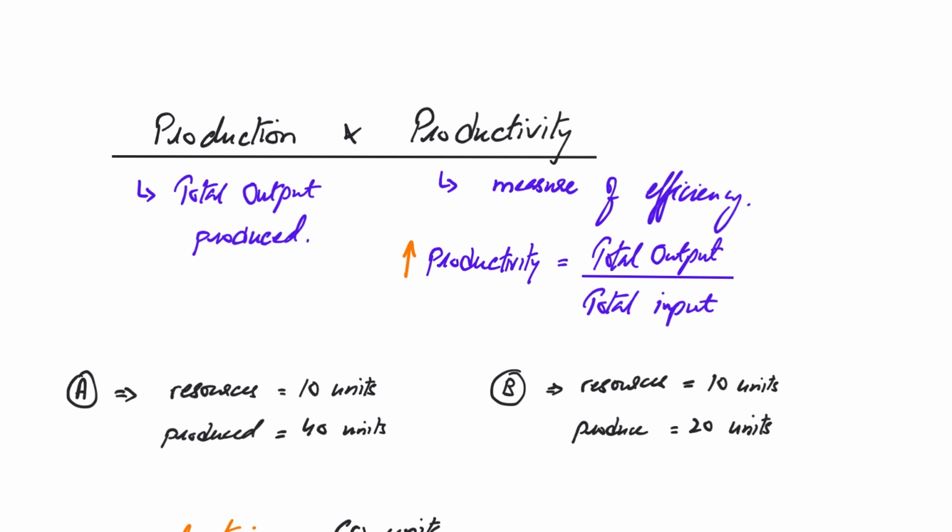If I want my productivity to rise, I have to find ways to either increase my output, right? If I increase my output, automatically my productivity mathematically is going to go up. Or if I decrease my total number of inputs somehow, by putting less resource and getting more output, my productivity can rise.